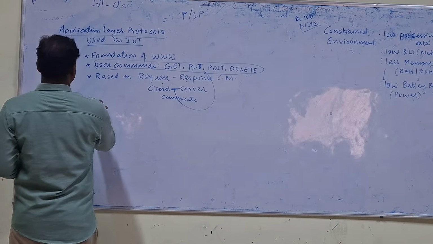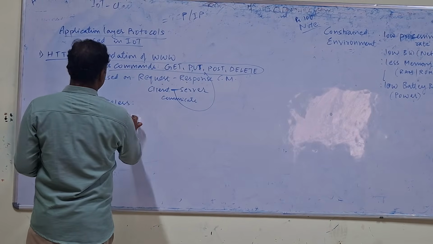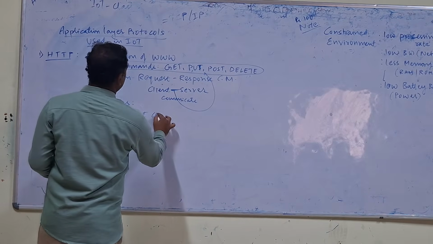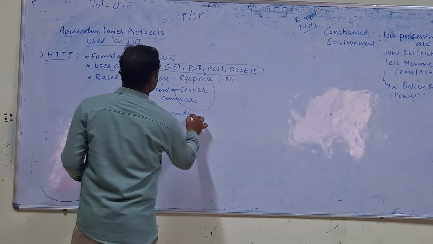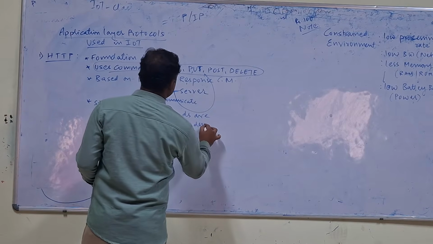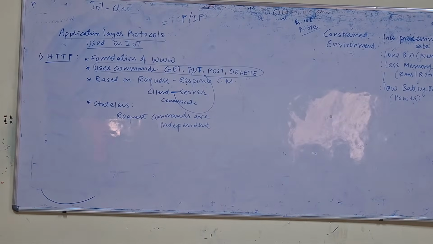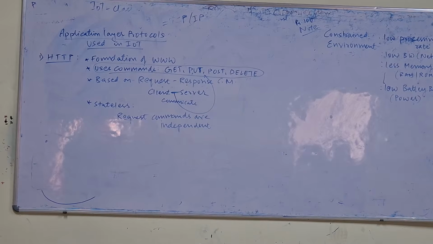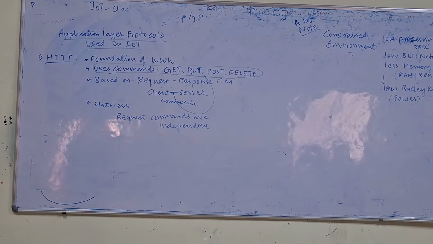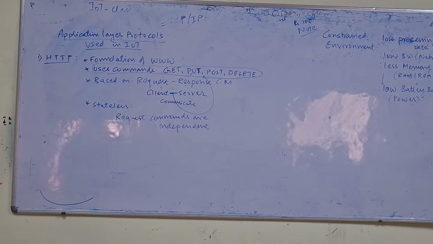Right. So it is stateless, means request commands are independent. Every time you are a new person to the server. You ask for some information, you get your result. After 5 minutes, again you are asking for your attendance. You are a new person. There won't be any transmitter receiver information stored there.